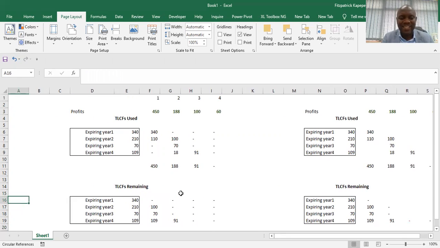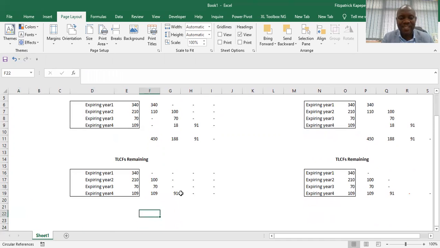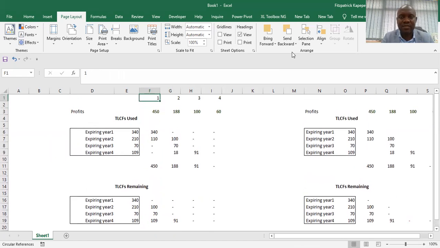So how much would have remained? This now makes a lot of sense. This is how you can model the tax loss carried forwards.